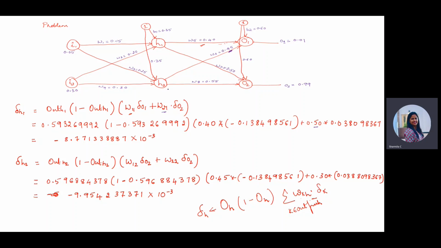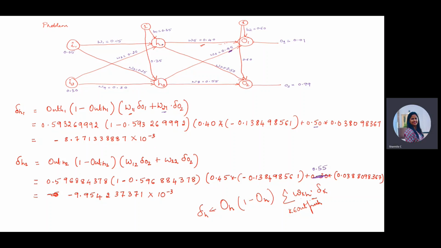Now along with that, we need to consider W22. Sorry, this has to be changed to 0.55, and perform the operation. Once we update this value, we get the error term for the node H2.